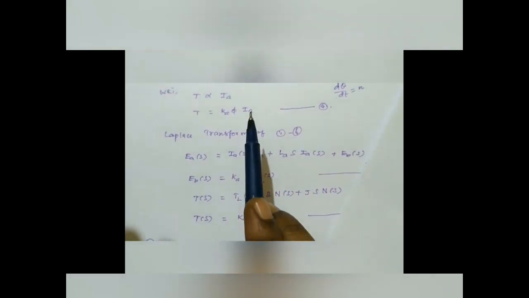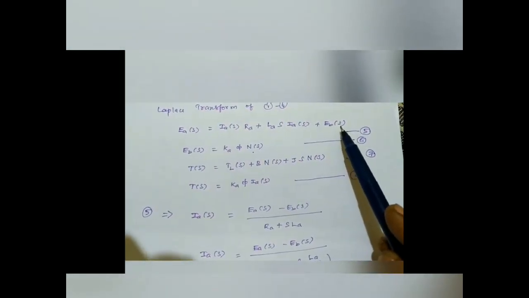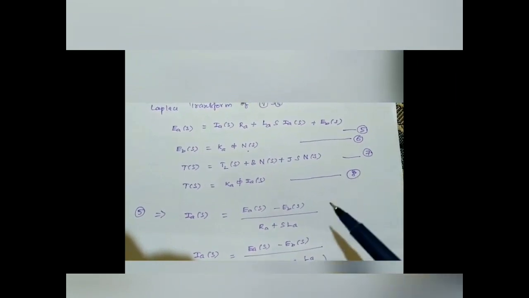And in equation 4, when we take the Laplace transform, T becomes T of S, the constant stays as it is, and IA becomes IA of S. So after taking the Laplace transform, these are named equations 5 to 8.